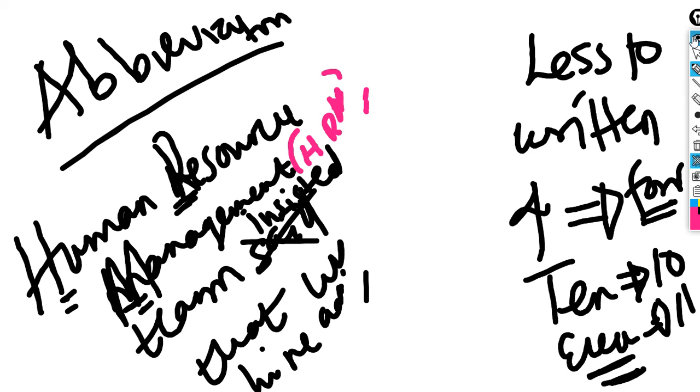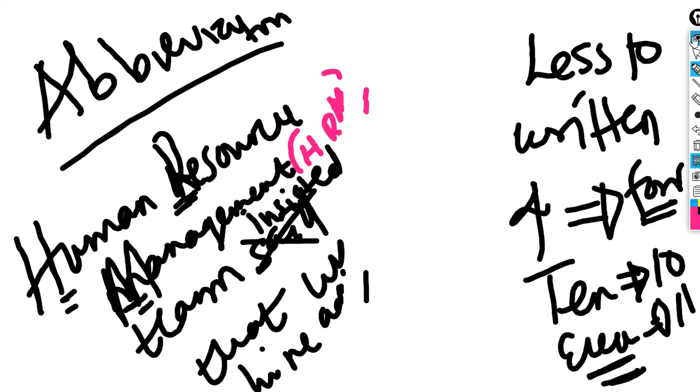Write the United States of America, capitalize U, S, and A, and then put in brackets USA. Then subsequently use USA. Don't write United States of America. So when you make an acronym, make sure you've capitalized each word, and then you've put it in brackets.